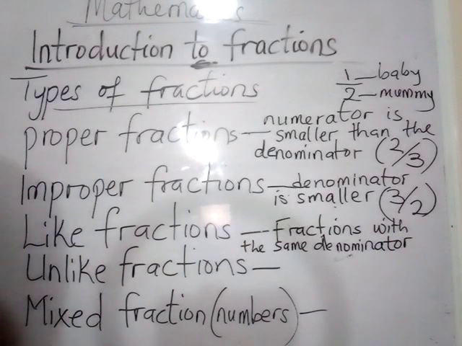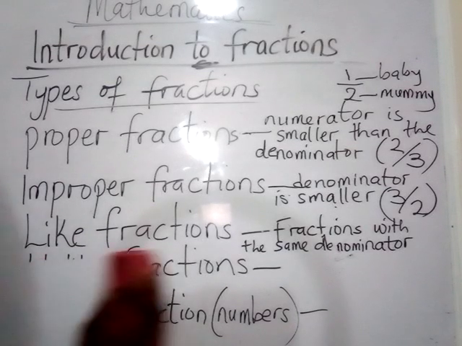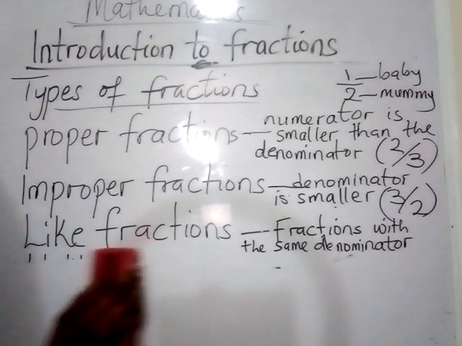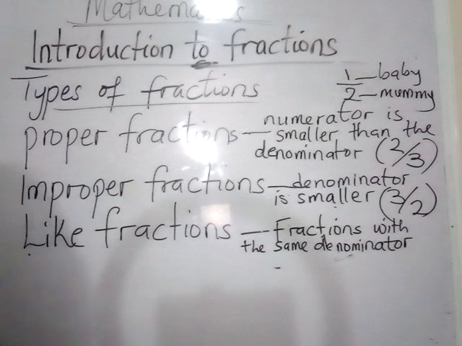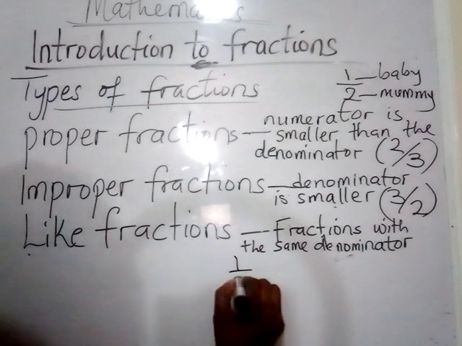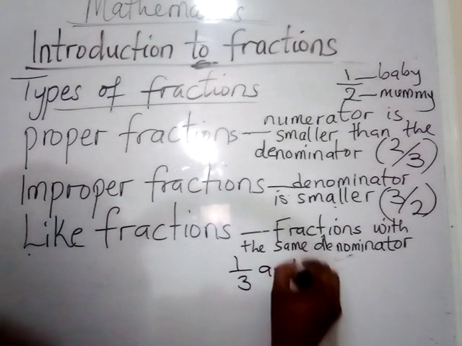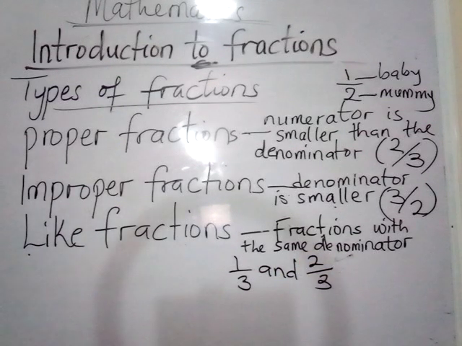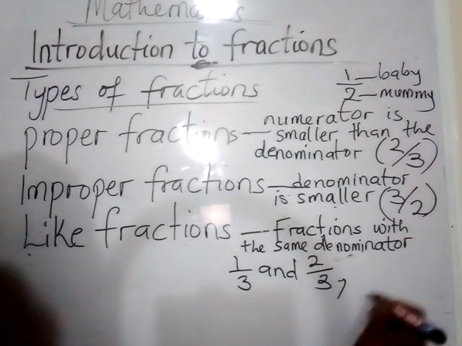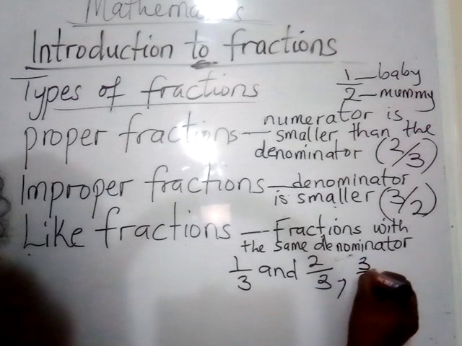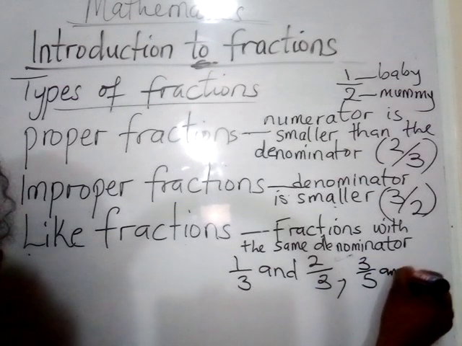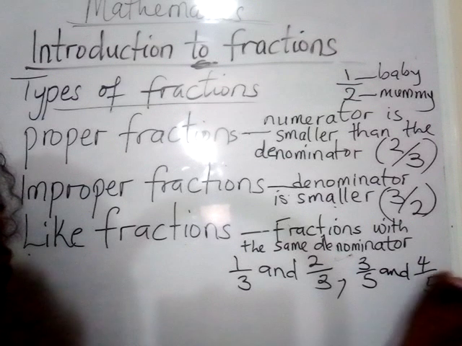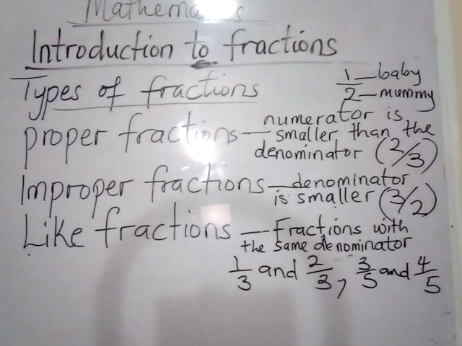Let me just move this down a bit. An example of like fractions will be 1 over 3 and maybe 2 over 3. Both of them have 3 as denominators. So 1 over 3 and 2 over 3 are like fractions. Another example will be maybe 3 over 5 and 4 out of 5. This is also like fractions.